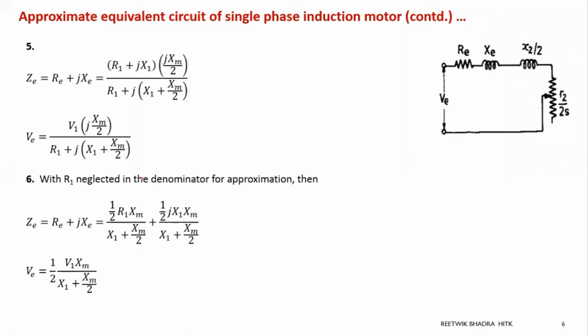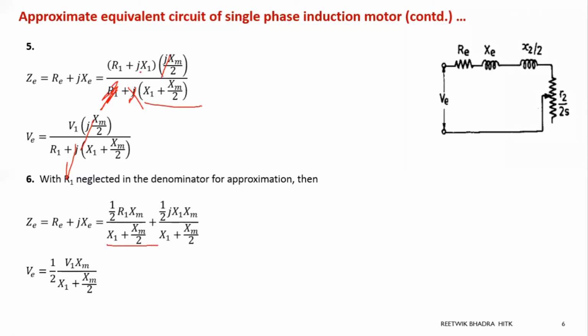Okay, again we are making some approximation. We will neglect this R1 in the denominator. So if you neglect this R1 in the denominator, your this j part and j part cancels out for both cases. And you can separate this real and imaginary part. First part will be R1 into Xm by 2 divided by X1 plus Xm by 2.